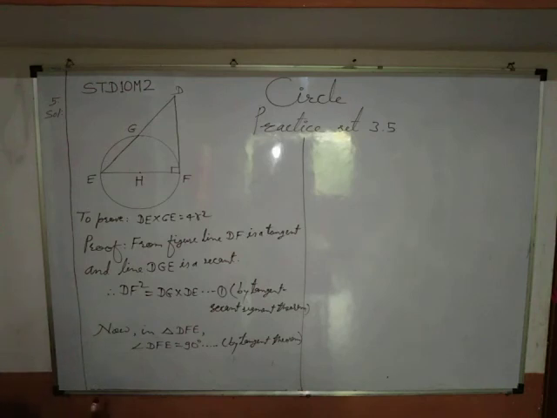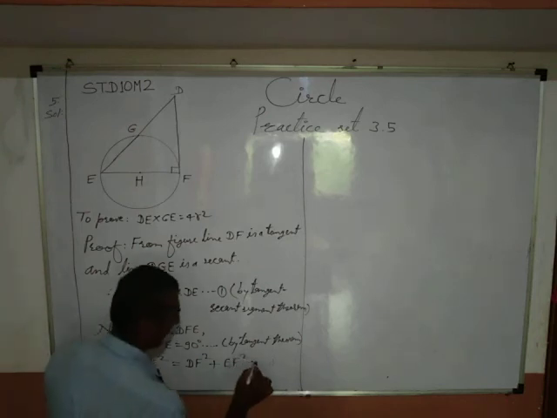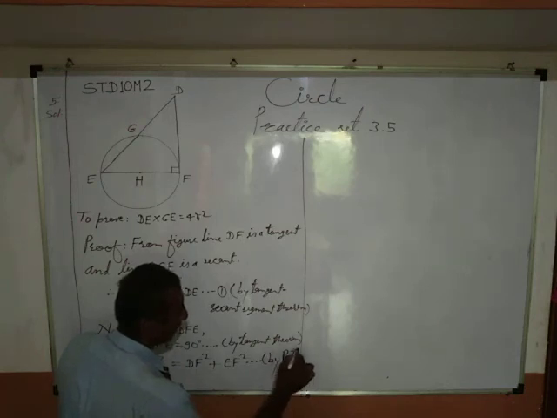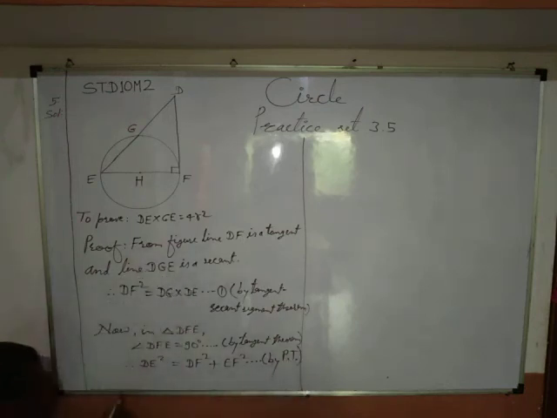And therefore DE square equals DF square plus EF square by Pythagoras theorem.